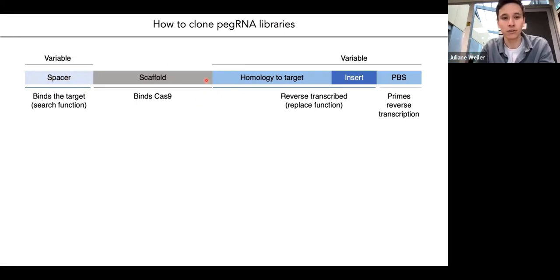Then you have something constant, which is the scaffold. And then you have a variable part again that directs the edit and has homology to the target. And in addition, if you would go for an enhanced pegRNA, you would have something constant again. But we had different strategies throughout the manuscript.